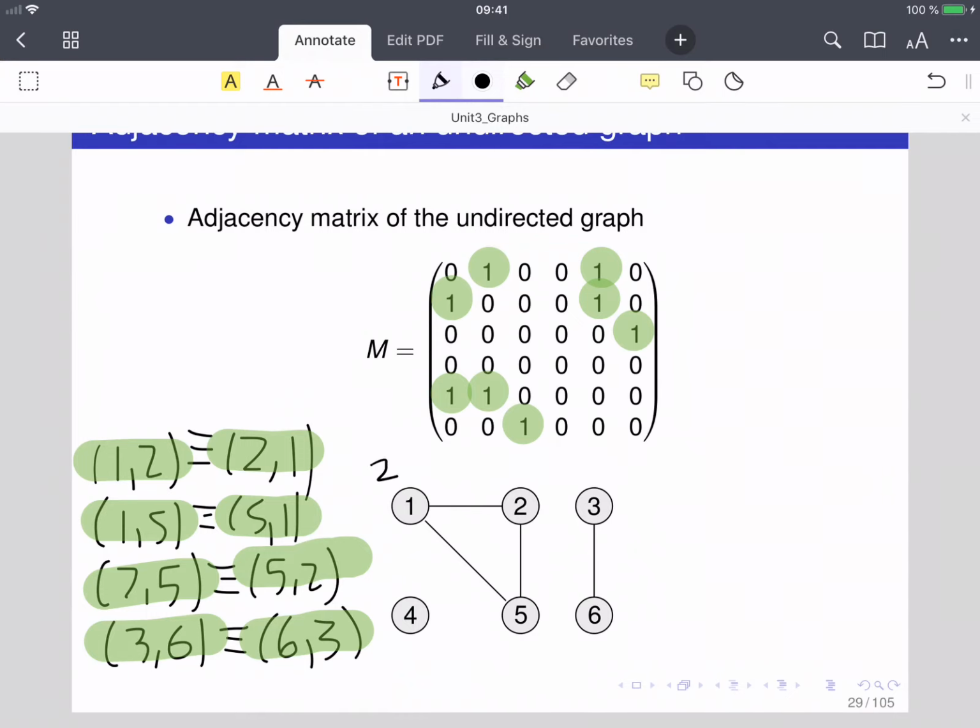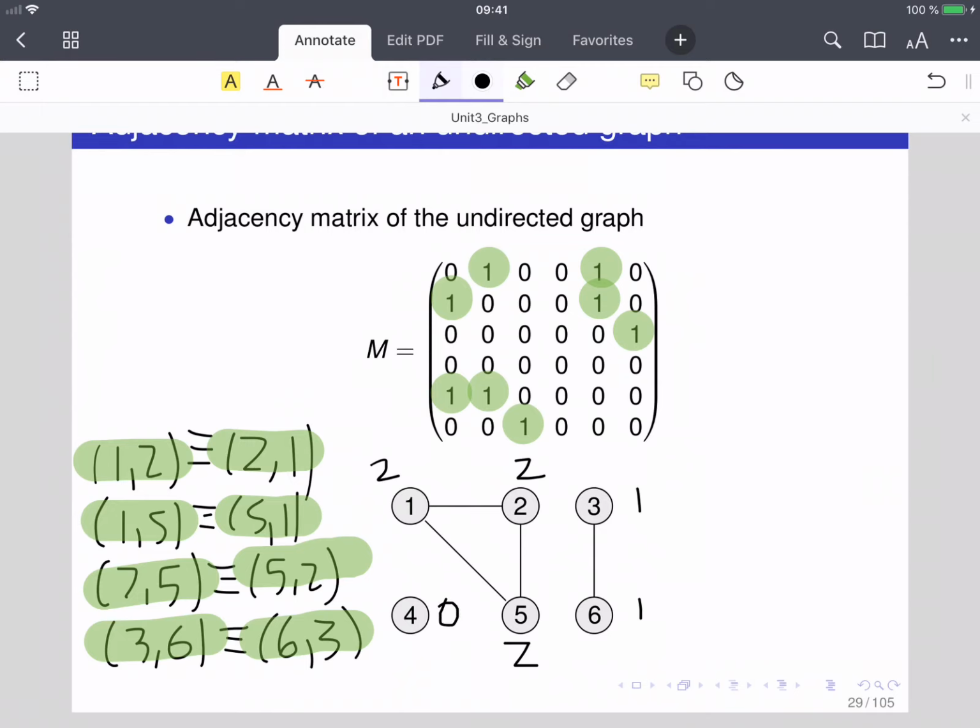So for instance here, vertex 1 has degree 2, vertex 2 has degree 2, vertex 5 has degree 2, and vertices 3 and 6 have degree 1, and vertex 4 has degree 0.